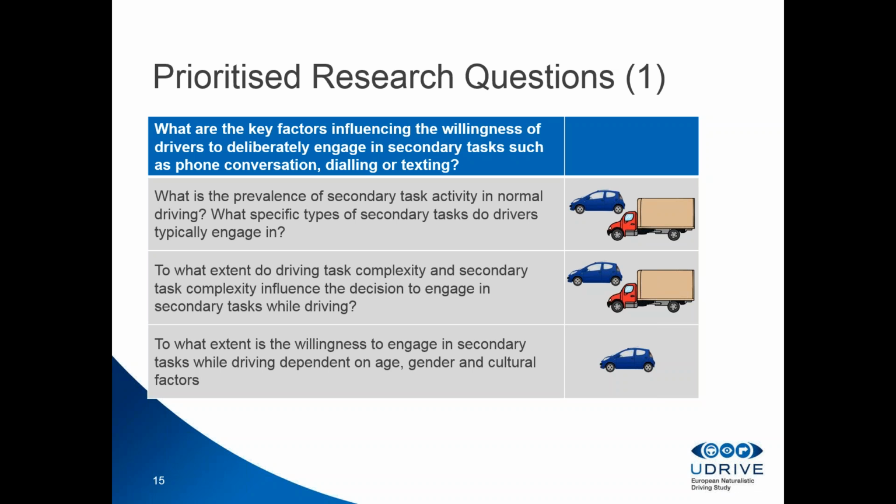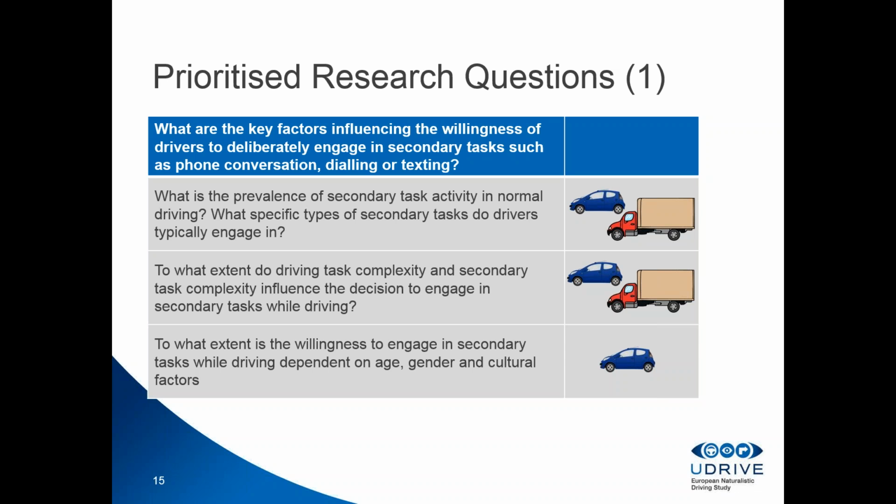To what extent is the willingness to engage in secondary tasks dependent on driver factors such as age, gender, and cultural factors? And cultural factors here means pretty much the country in which the person is driving. So we know that Poland, of the countries that we're collecting data in, has a worse safety record.